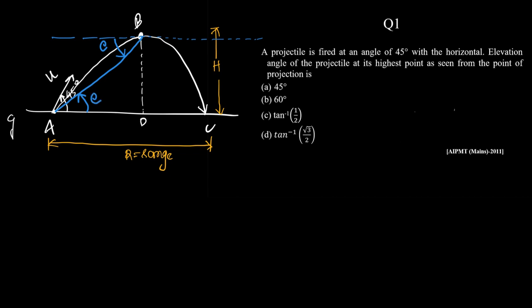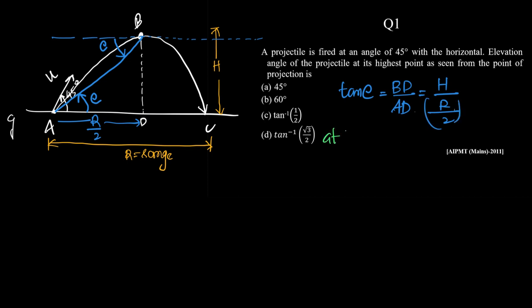So from the figure, we can say that tan E is equal to BD by AD, which is equal to H by AD, which we know is R by 2, right? So we have H by R by 2. Now, at 45 degrees, what is the relationship between H and R?